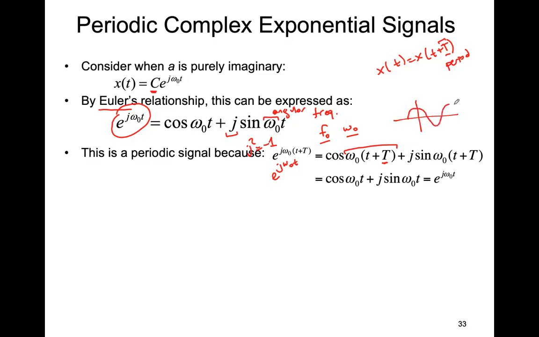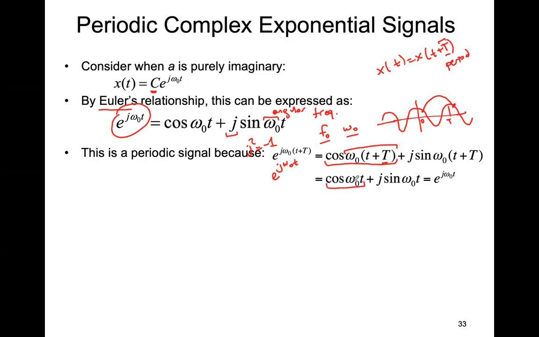This is my cosine signal, and this will be my period. This is 0, this is T. Let's say t is equal to something, t plus T is going to be here. So cos(omega 0 t plus T) is equal to cos(omega 0 t).